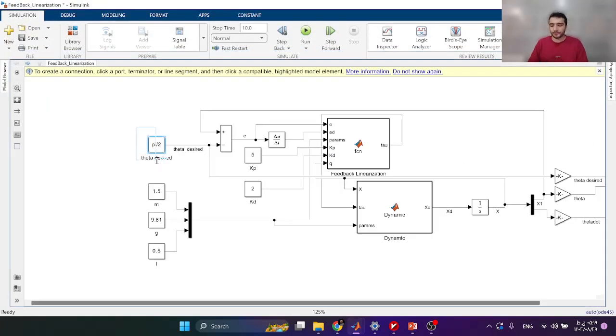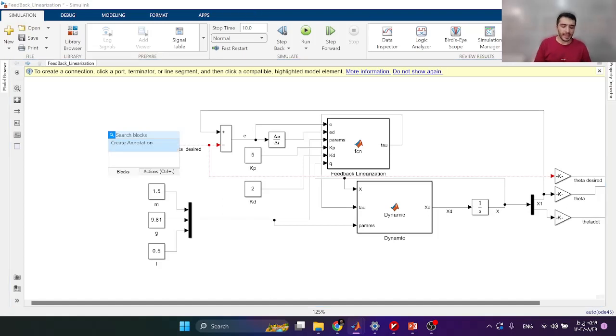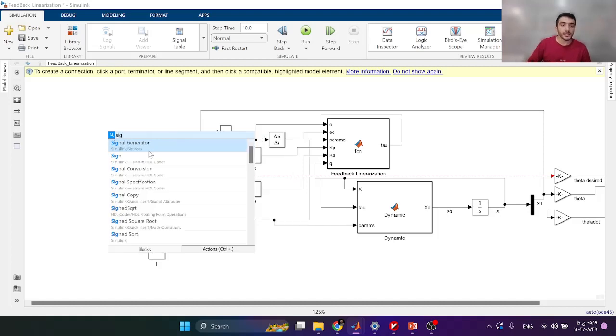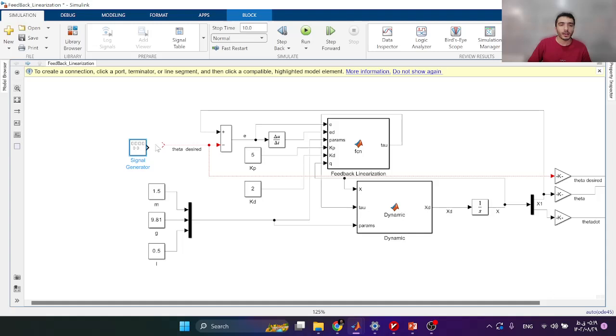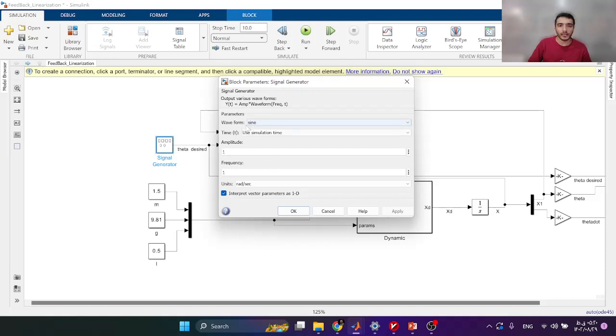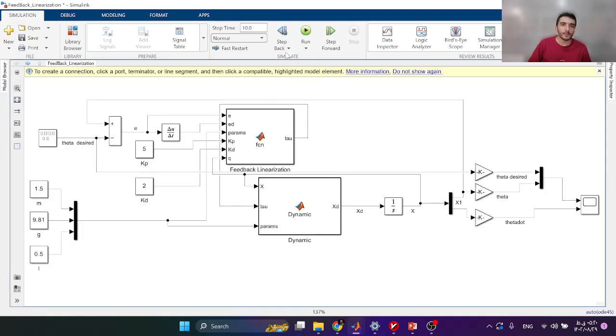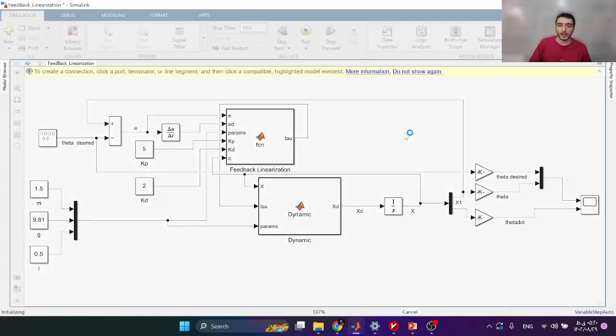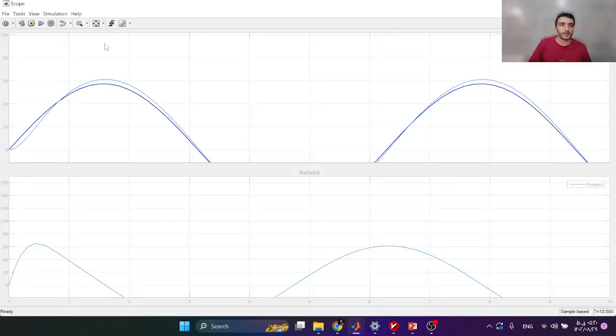As an input, I want to generate a sine wave to see the tracking performance of the system. I will import a signal generator here and set the waveform as sine with amplitude of 1 and frequency of 1. Let's see how the system works.